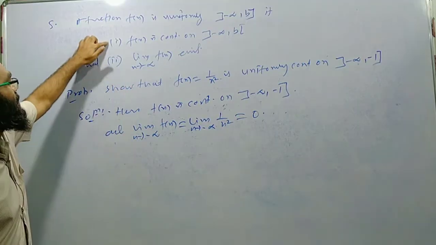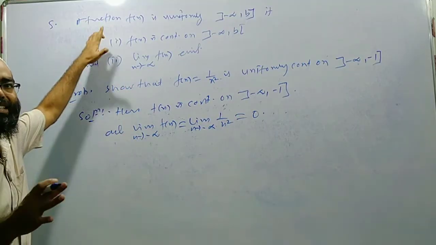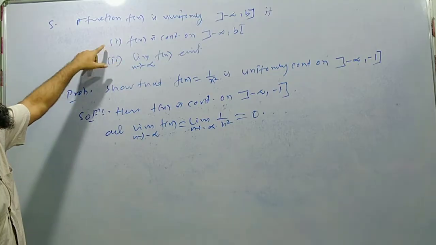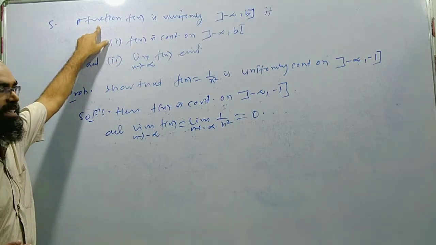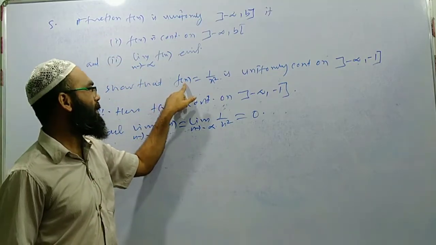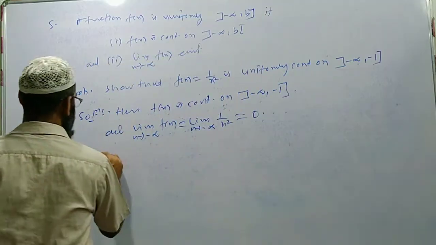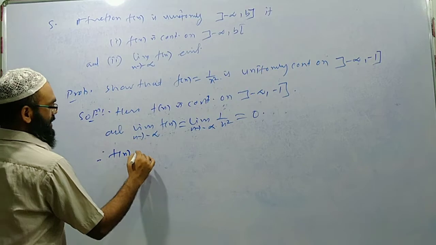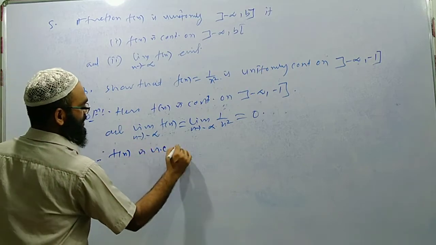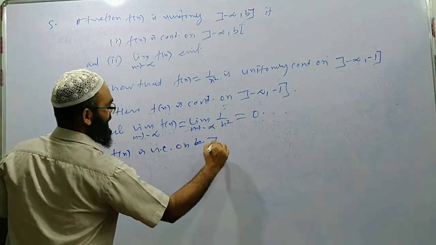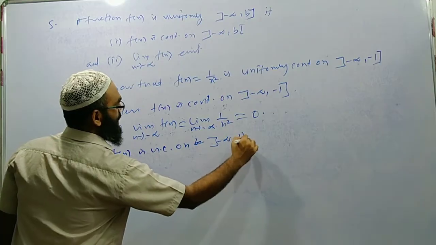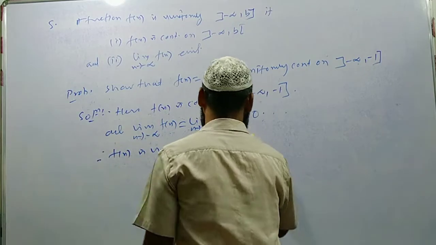So condition 1 and condition 2 are both satisfied. Therefore, applying this technique, f(x) is uniformly continuous on the semi-open interval (minus infinity, -1].